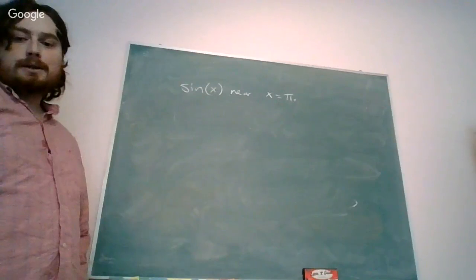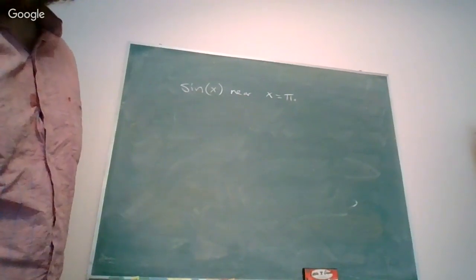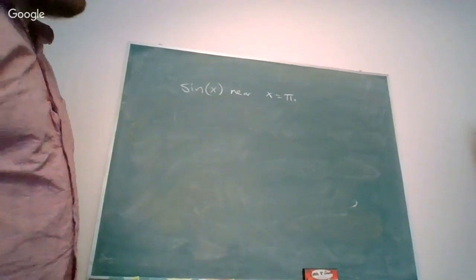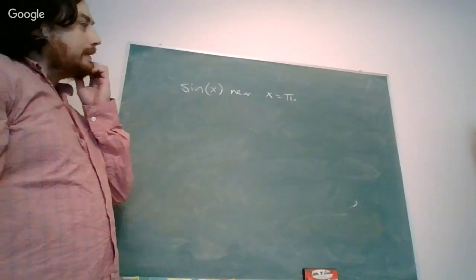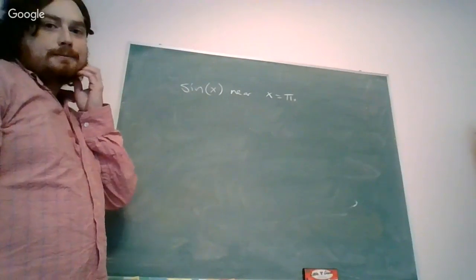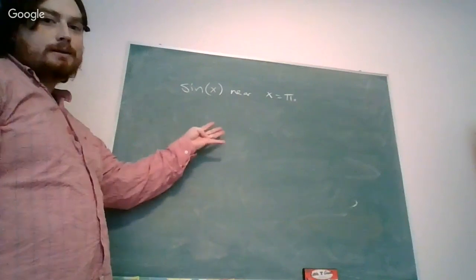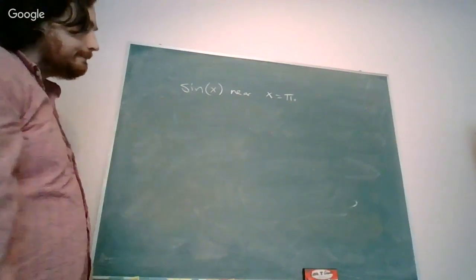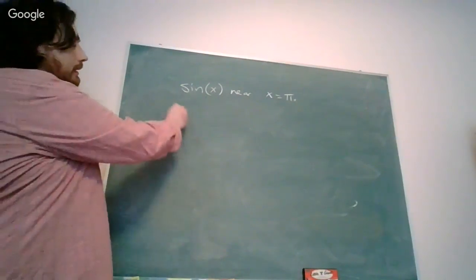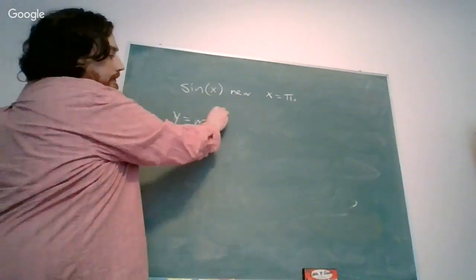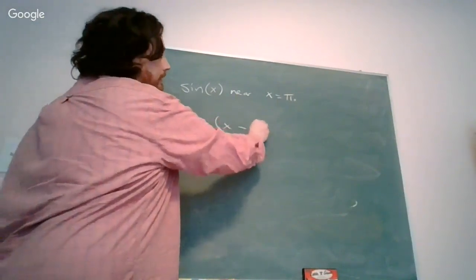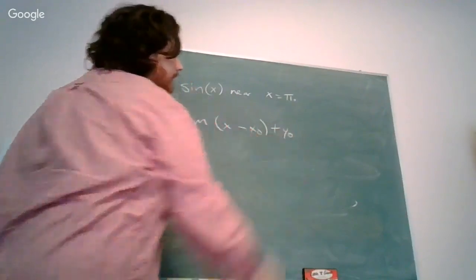As I was telling you guys in class, the linear approximation really just means find the tangent line. The best linear approximation is the tangent line. If we want to find the tangent line, we have to find the line: m times (x minus x naught) plus y naught.